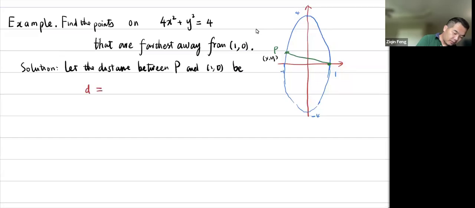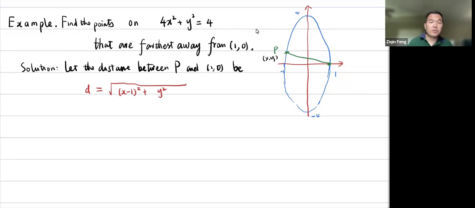And d equals the square root of the difference of x value squared plus y squared, right? So we want to maximize this function here.